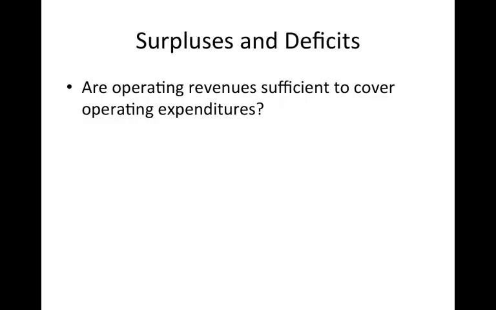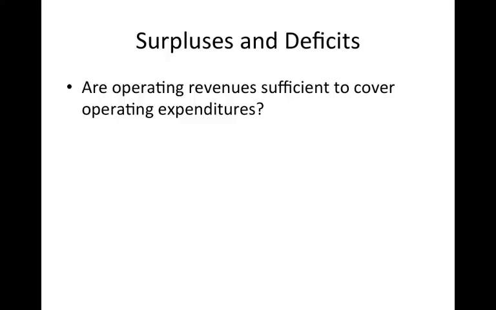If you've read that section of the analyst guide, then you know that I've made this point that not all surpluses and deficits are created alike, and you need to be careful not to just assume that a deficit is a bad thing, or that a surplus is a good thing.